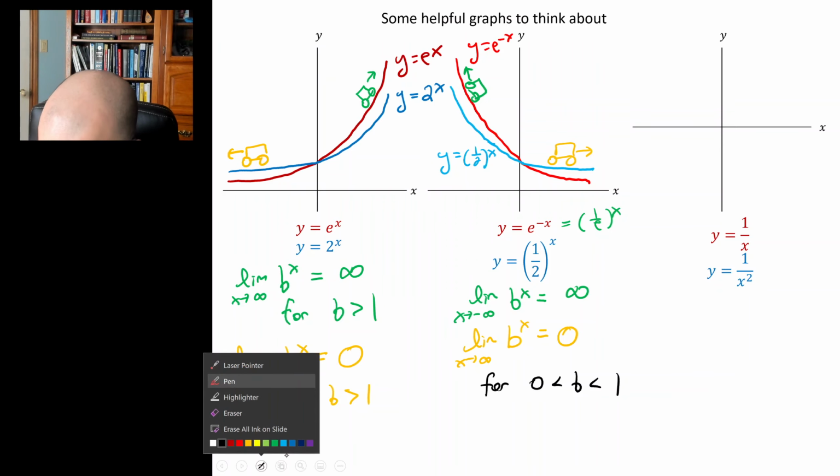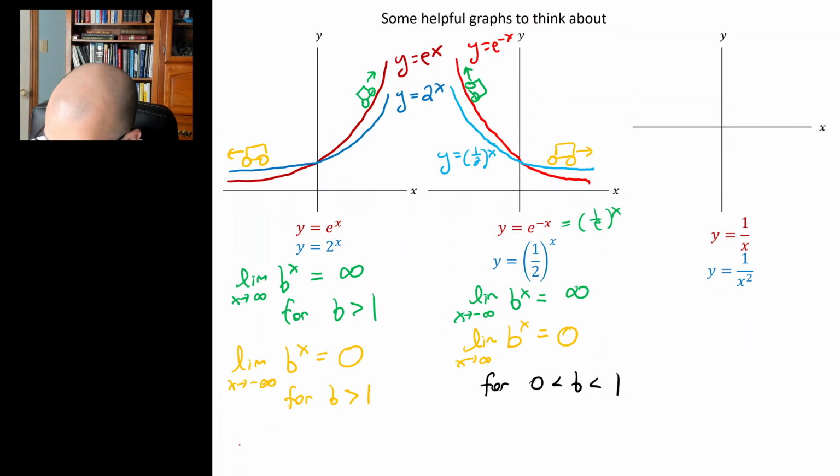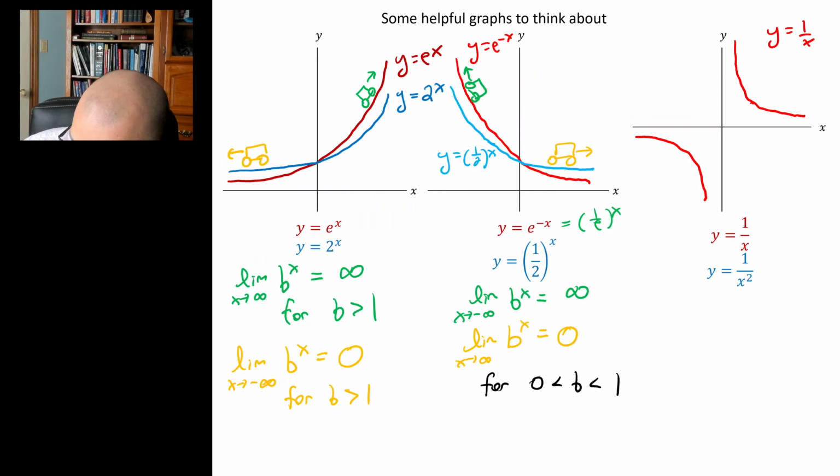And then for the last one here, the last picture I want to draw is what's going on for 1 over x, 1 over x squared. So 1 over x looks like this. For both of those pieces, and 1 over x squared is like this.